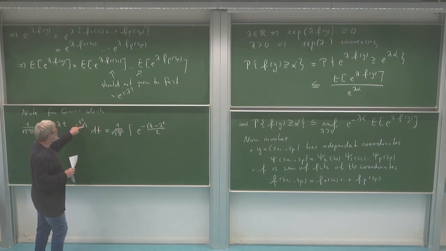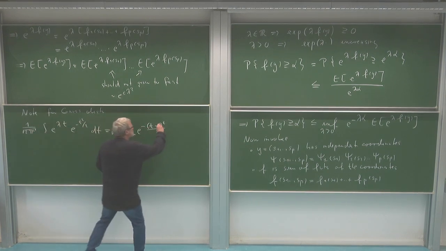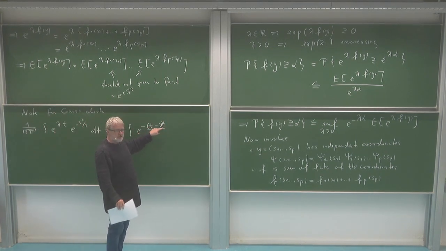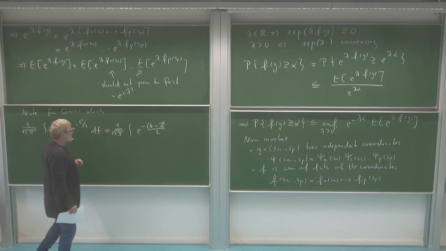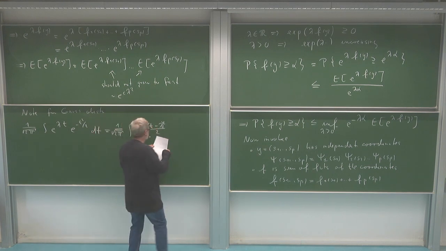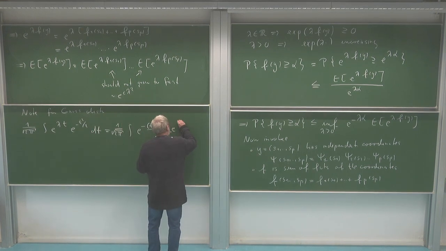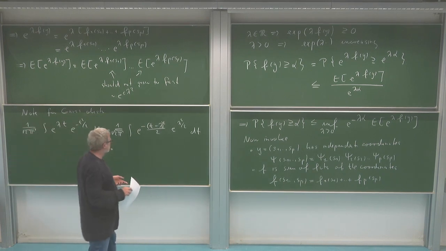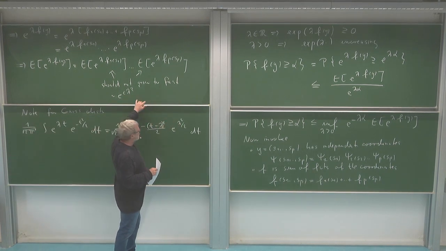The square applies to everything, and this is the cross term: I get 2 times t times λ divided by 2, the 2 goes away, and the minus also goes away. But I'm missing the term λ squared, so I correct by this, and I also have here e to the λ squared over 2 dt. This correction by λ squared is not a problem, because it doesn't contain a t. And now you see where I get the λ squared.